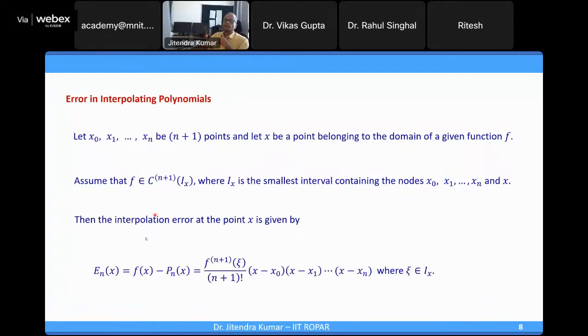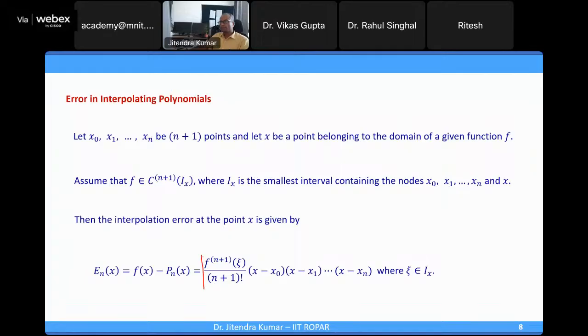This error is given by the difference between f(x) and the interpolating polynomial, which we will see how to get. But since it's a unique polynomial for given n+1 data points, this error is given by this formula, which is listed here in front of you.